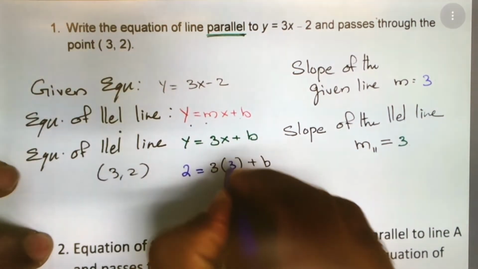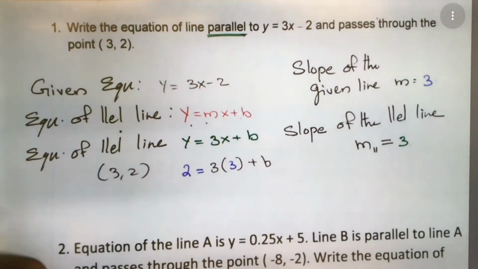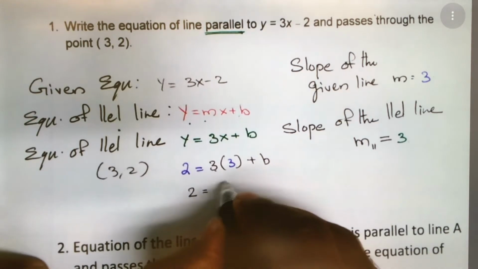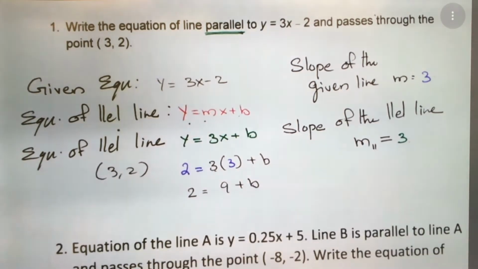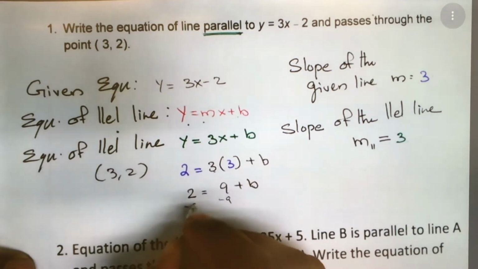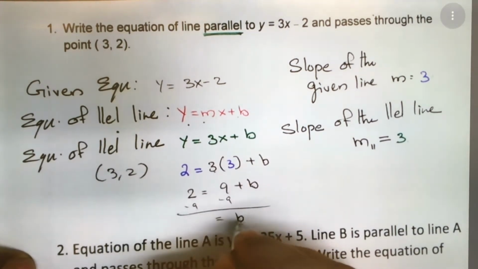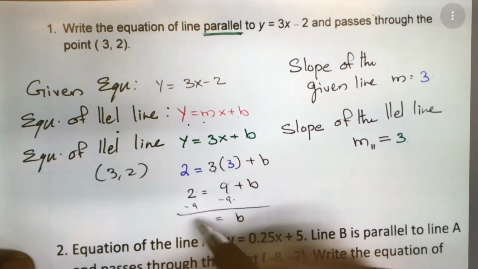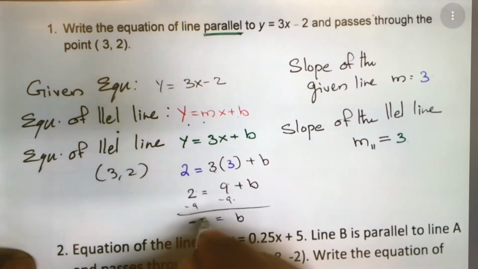Now you simplify it: 2 equals 9 plus b. To solve for b, you subtract 9 from both sides. You will get b equals 2 minus 9, which is negative 7.